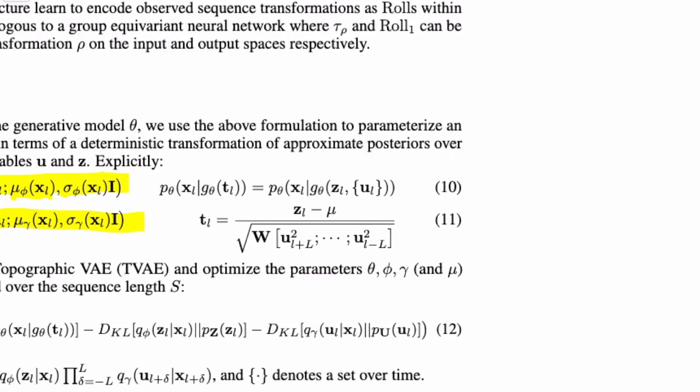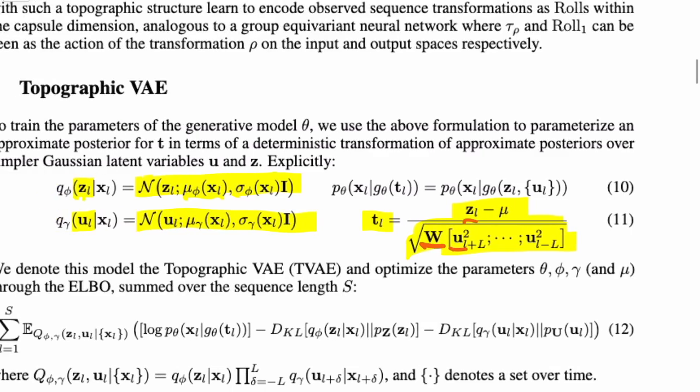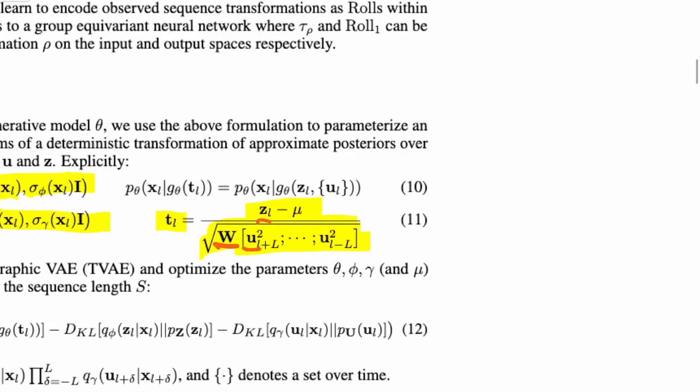Then we're going to construct the t variables according to this formula. W here is the neighborhood structure. You define it. U and Z are the variables you produced from your encoder, or you sampled from what your encoder produced. And mu here is also a learnable mean parameter.